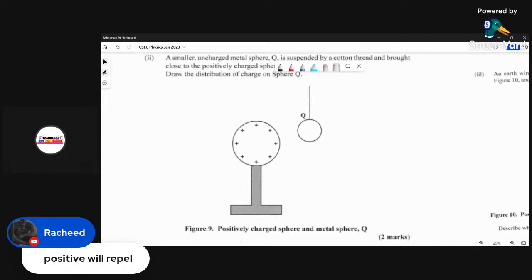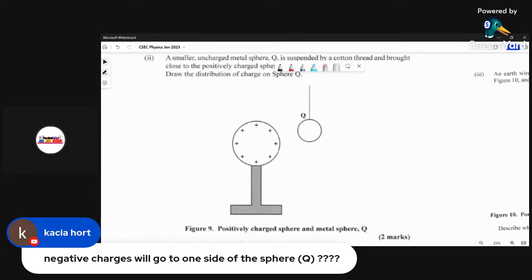Yes, KCL, yes it is. Negative charges will go to one side of the sphere. All right, good job. Anybody knows the name of that concept? Induction. You are in the right area, but you didn't quite hit the nail on the head.